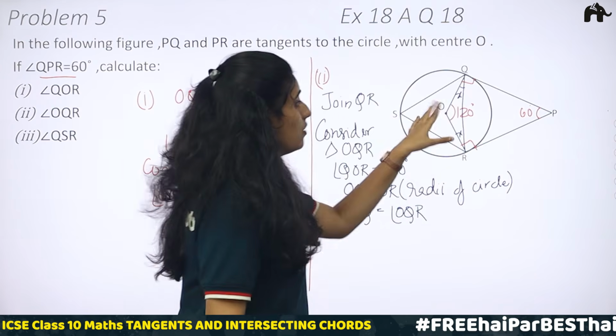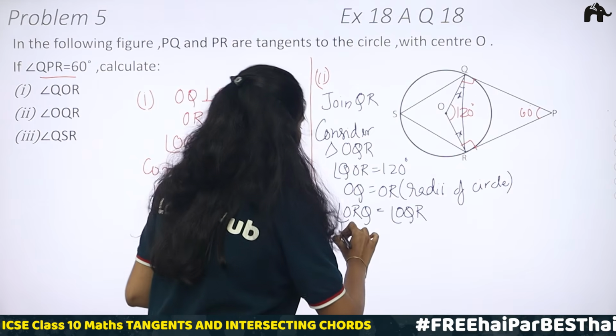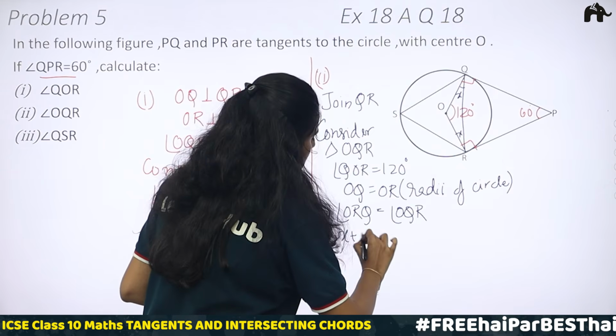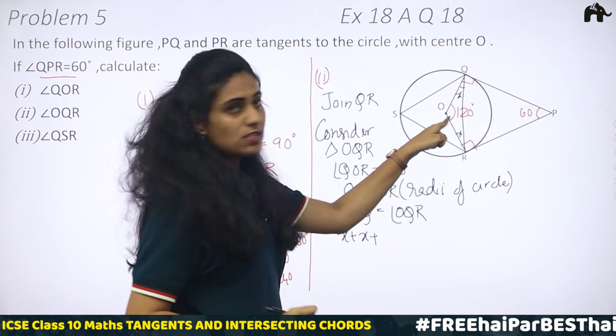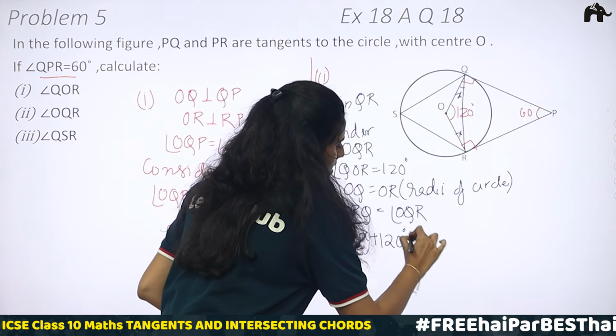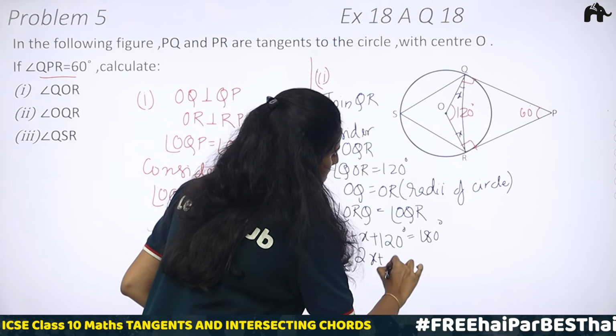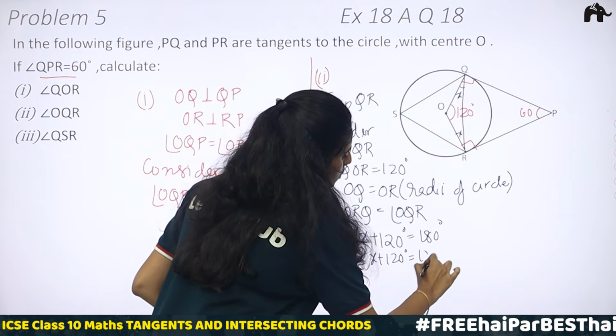Now we have the sum of interior angles of a triangle equal to 180 degrees, that is x plus x plus this 120 degrees, that is QOR, is equal to 180 degrees. 2x plus 120 degrees equals 180 degrees.